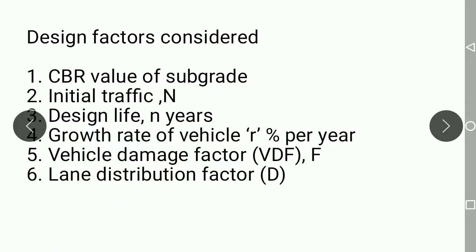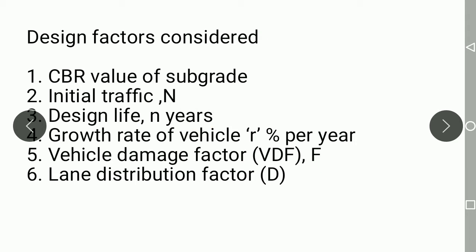You can observe that some design considerations have been explained here. In order to design the pavement by the CBR method, you need to have this data. One is the subgrade value, that is, the California Bearing Ratio value of the subgrade, which is given in the problem itself. Then the initial traffic at the time of construction, that is N. Then the design life, which means for how many years the pavement is designed, 10 years or 20 years.